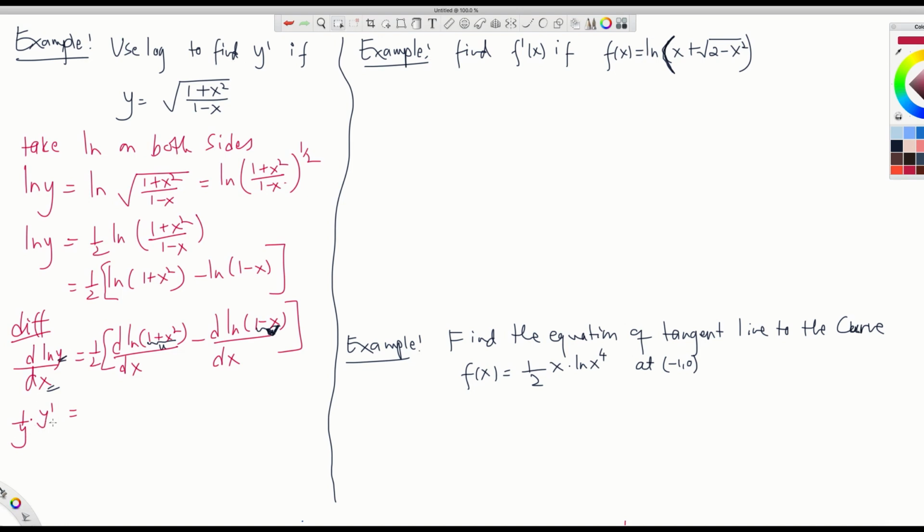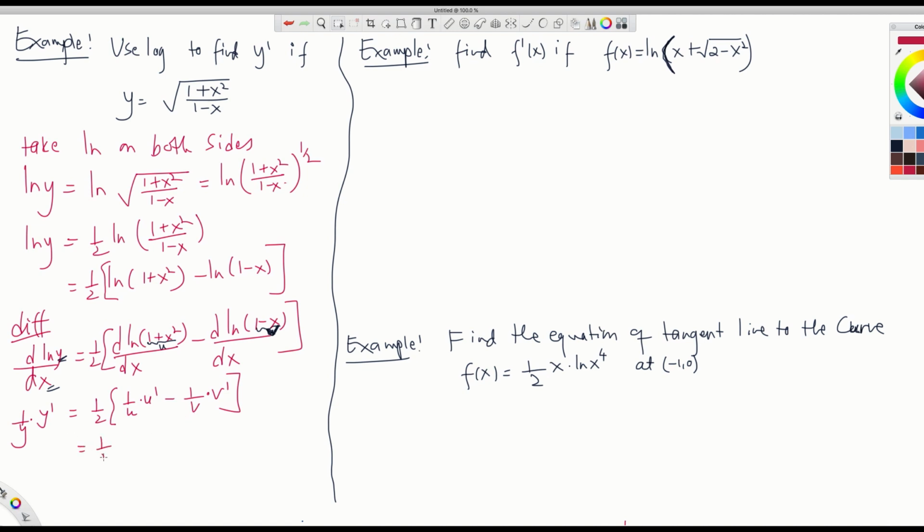So you'll have to multiply by y on both sides. So 1/2 times 1 over u times u prime, minus 1 over v times v prime, right? Here is the derivative of natural log of u, and they don't match. There is u, there is x. There is v, there is x. That's why we use that formula, right?